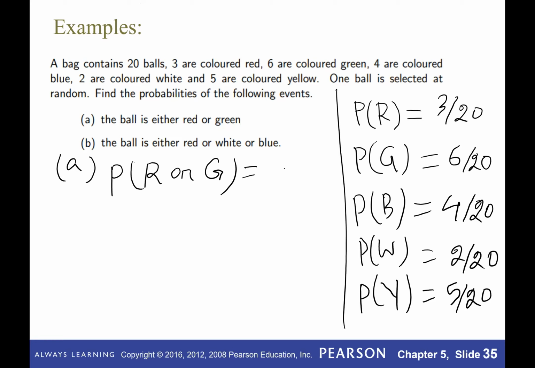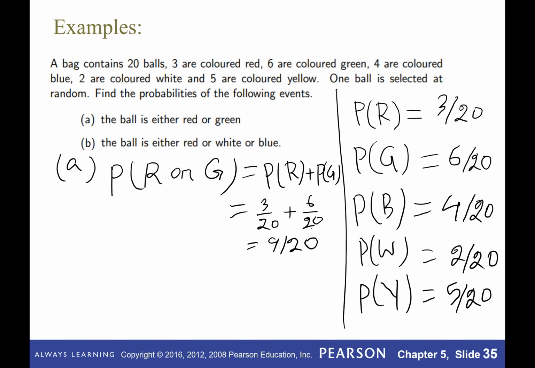Because they are mutually exclusive. If we select a red ball, we cannot select a green ball simultaneously, because we are just selecting one ball. So if you select a red ball, you cannot select a green ball at a time. That's why they are mutually exclusive. So it will be the probability of red plus the probability of green, which is 3/20 plus 6/20, which will be 9/20.